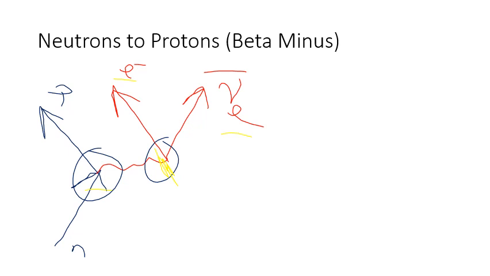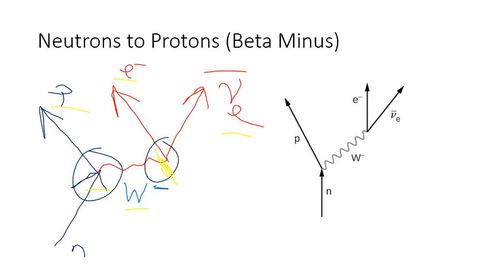Over here, not quite so obvious, we've got a neutral neutron going in, and a positive proton going out, so the only way that works is if we put a negative particle going out as well, and then the positive particle and the negative particle add up to give us the neutral particle that we started with. And so from that reasoning, we work out that it must be a W minus that is our exchange particle. And you're required to be able to sketch those.